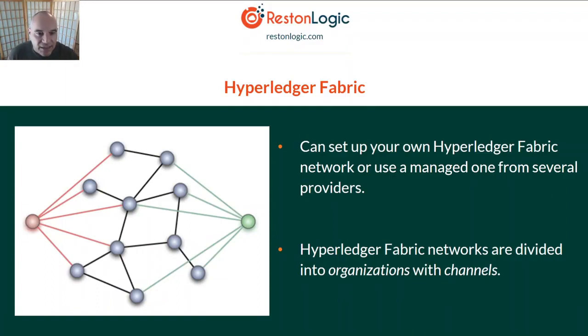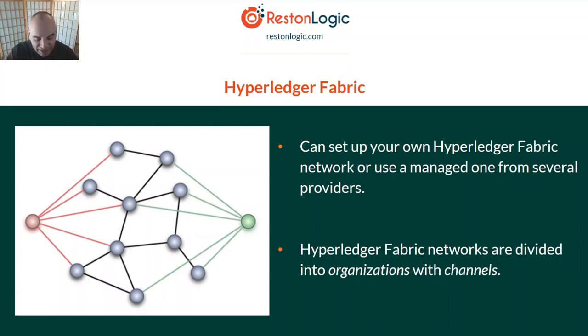Let me say a little bit more about networks. Let me now talk about the structure of a deployed network. Hyperledger Fabric networks are divided into organizations with channels.